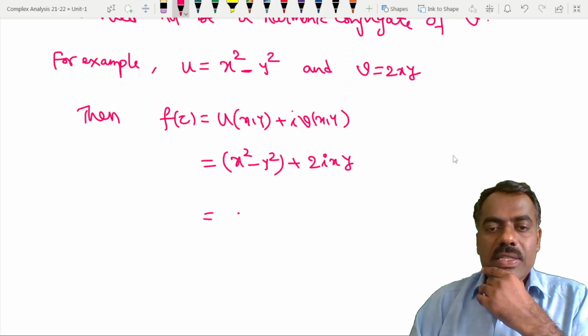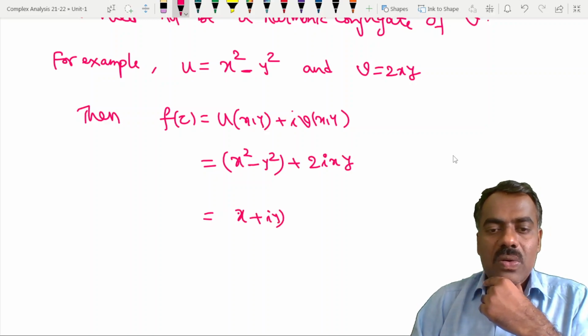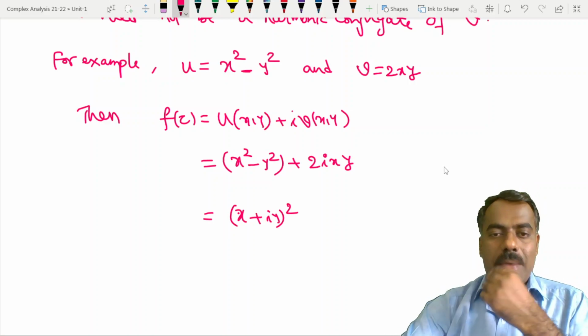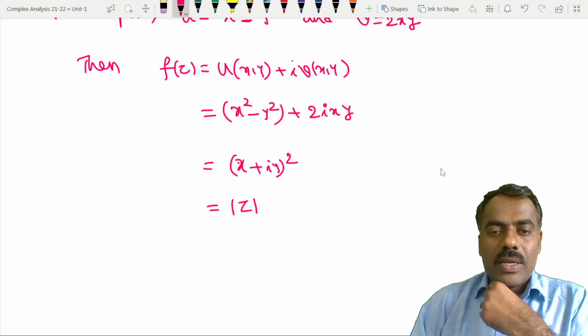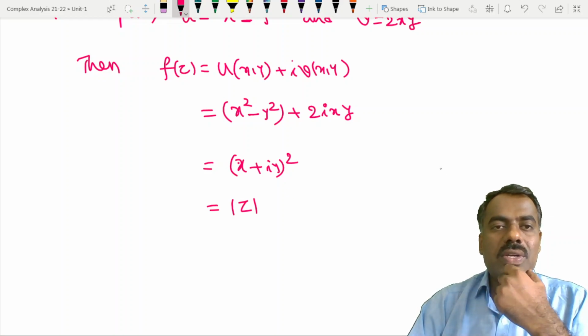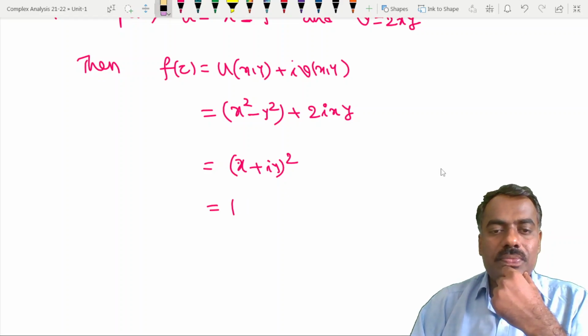Then this will become (x + iy)² = x² − y² + 2ixy, which is simply z², right? Yes or no?